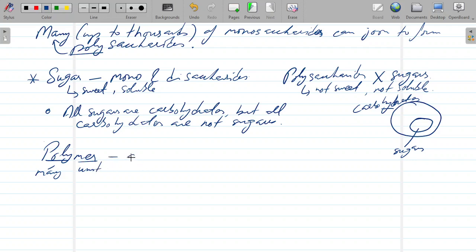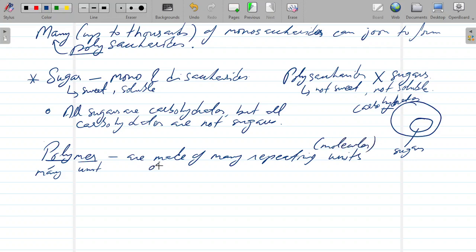So polymers are made of many repeating units or molecules of monomers. If you're catching the term, mono meaning one and poly meaning many, single units join up to make molecules that have many units. And so polymers can be huge. They can be very, very big.